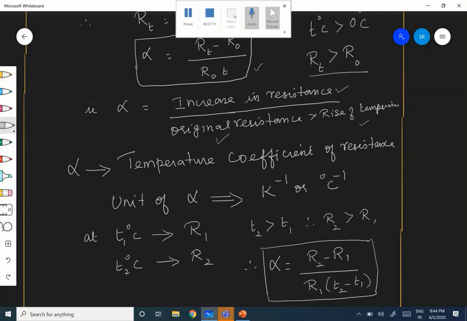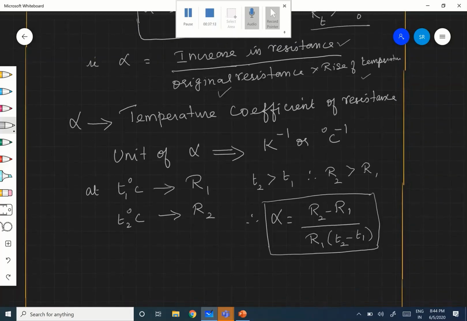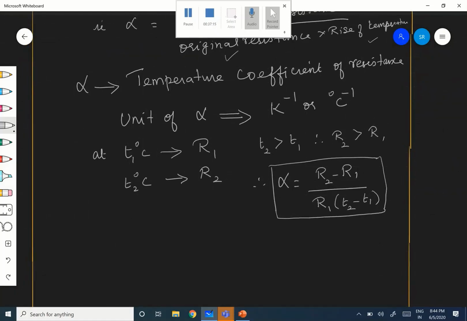Now we are going to see the values of alpha. So far we have dealt with conductors only. For metals, like any conductor, silver, copper, aluminium, gold, you know that as you increase the temperature, the resistance is increasing.